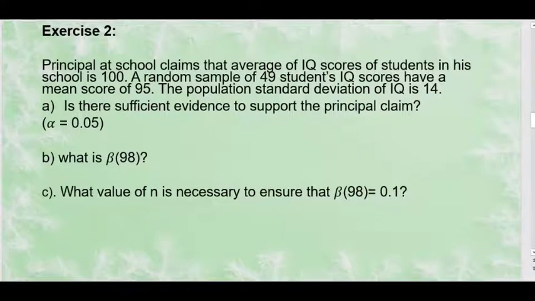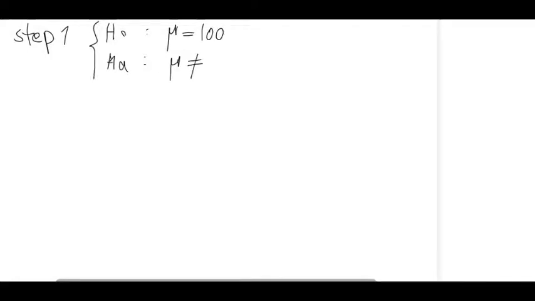So the first step is writing H0 and HA. So mu is equal to 100 or mu is not equal to 100. We have a two-tailed test.